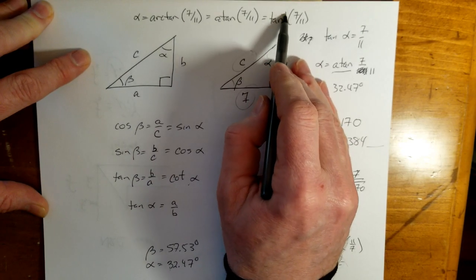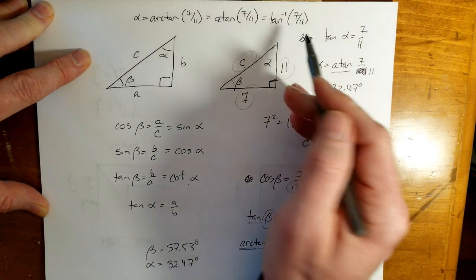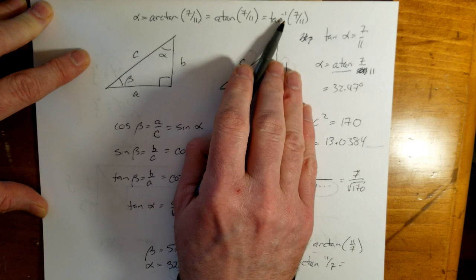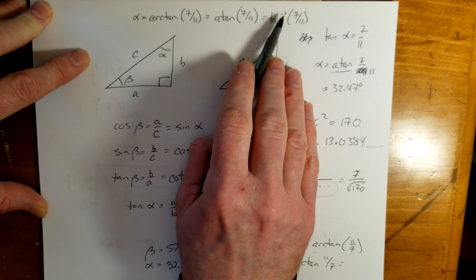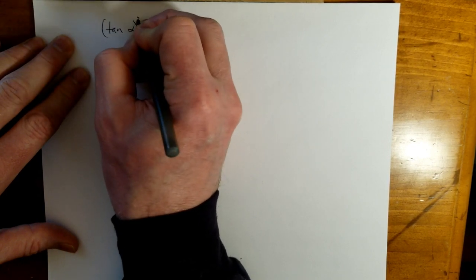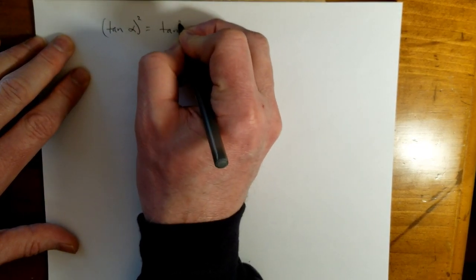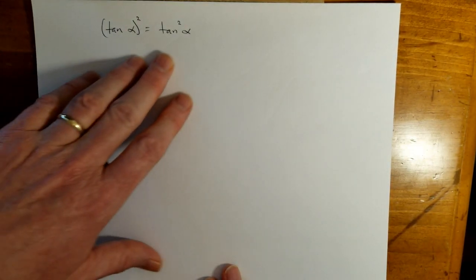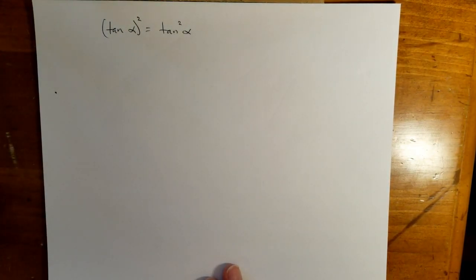I'm really not a fan of this notation, even though I understand what students are doing, and so I accept it. But the problem is that, if I have tangent of alpha squared, that is generally written as tan squared alpha. It's understood I'm squaring tangent of alpha.